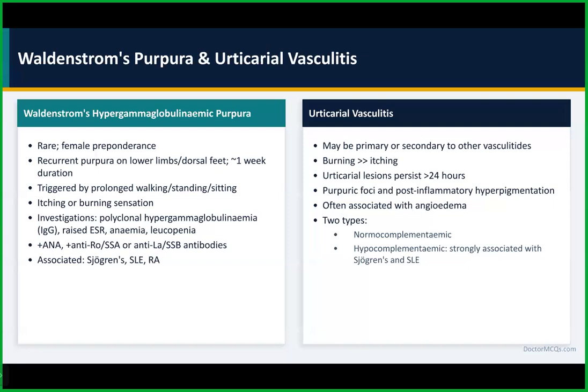It just doesn't go away, unlike urticaria, where there are acute or chronic flare-ups. Again, the patient is not just having the skin condition; it will also include angioedema, and further the normocomplementemic and hypocomplementemic types.